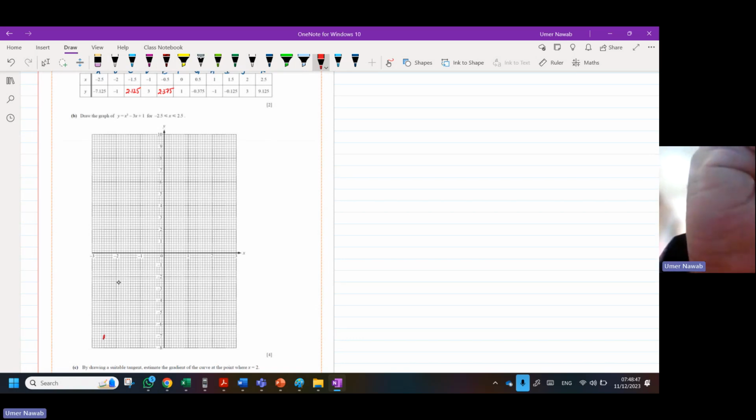Minus 2, minus 1. Minus 1.5, 2.125. Minus 0.5, 2.375.